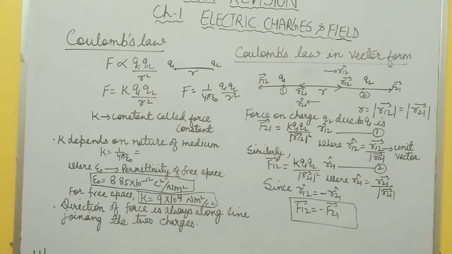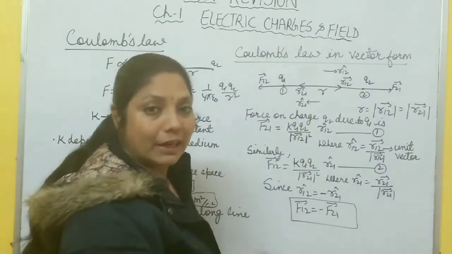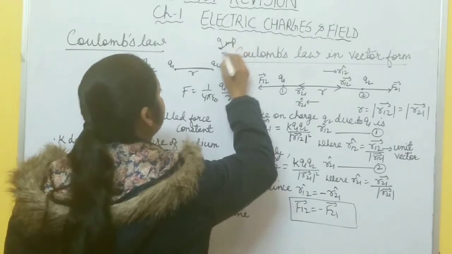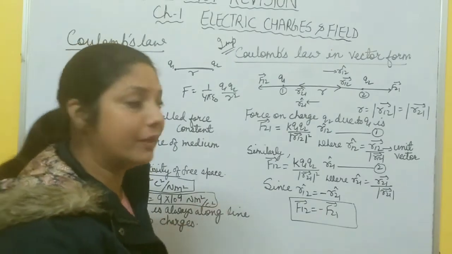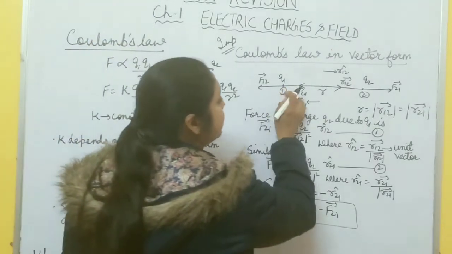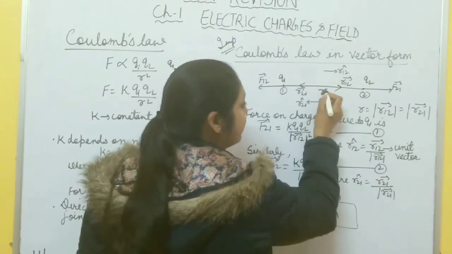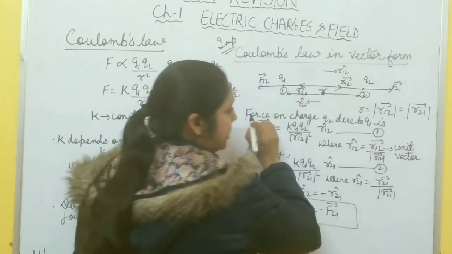Okay. Now, after this, the next one is Coulomb's law in vector form. It's also very, very important. It generally comes in a 2 or 3 marks question. So you have to write just Coulomb's law in vector form. Suppose there are two charges Q1 and Q2 separated by a distance R. R is the distance of separation between the two charges.